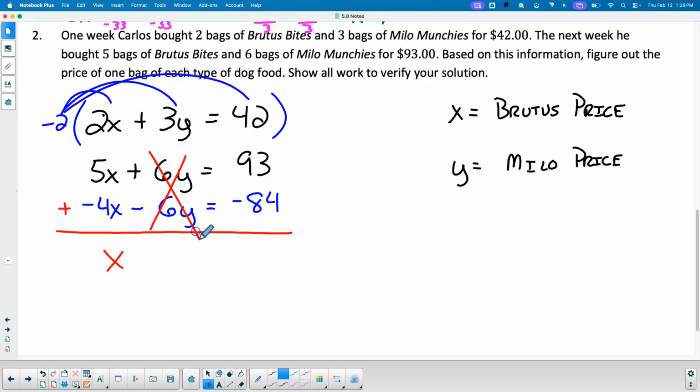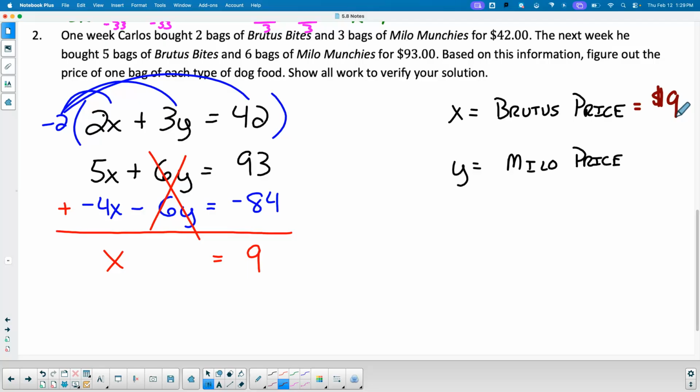The y's go away. 93 plus negative 84, 9. So I get x equals 9. Do I have to solve that? It's already solved. So Brutus, the price for Brutus bites is $9 a bag.